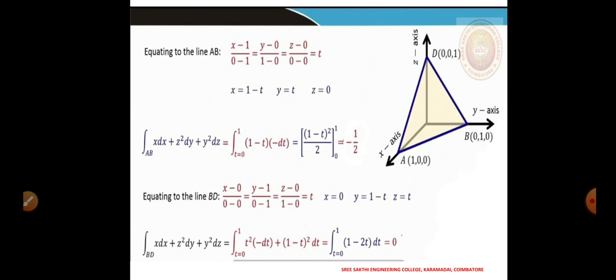Regarding the second one, since z equals 0, this becomes 0, and the third one also becomes 0 because dz is 0. So these two will not contribute. Only the x dx part will contribute, and we can integrate it with the limits 0 to 1. The value comes as minus 1 by 2.